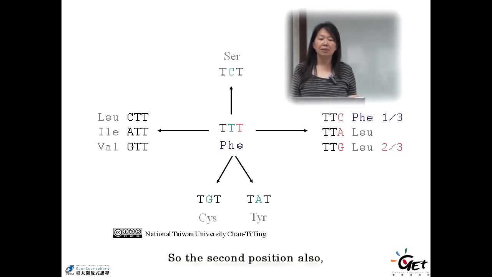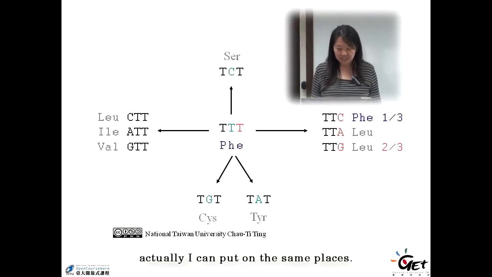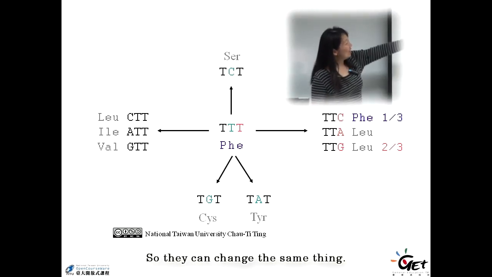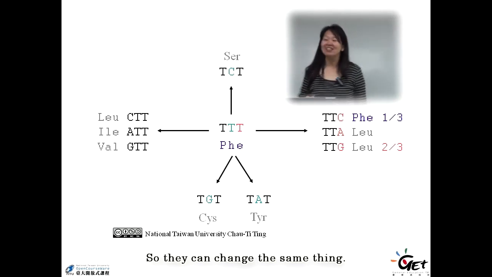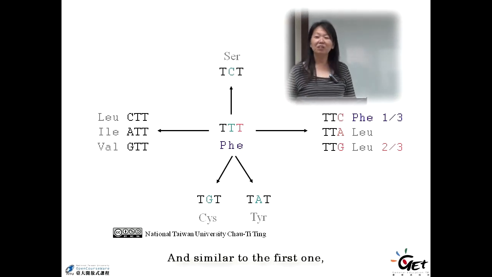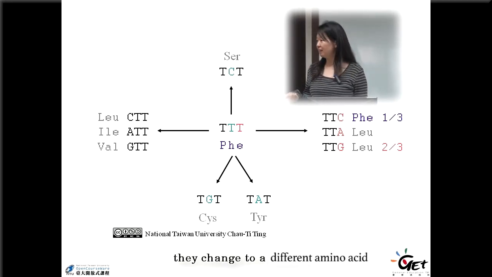For the second position I also put the changes up and down. Actually, I could put them in the same places, but anyway, this is how I arranged it. They can change to the same things, G, C, and T, and similar to the first one, each changes to a different amino acid.